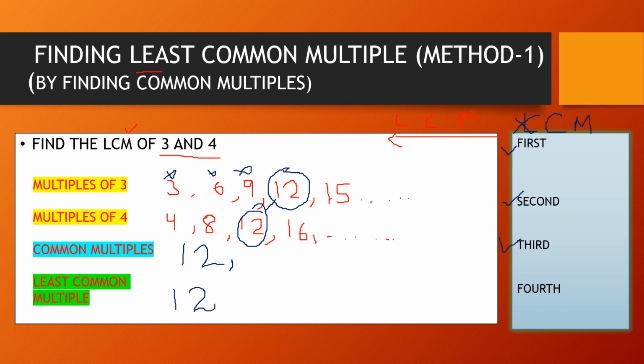First you find the first common multiple, like we have done here. What is the first common multiple here? 12. Now this same question, I will show you how you can write the second and third common multiple without writing all the multiples. So tell me, are you interested?